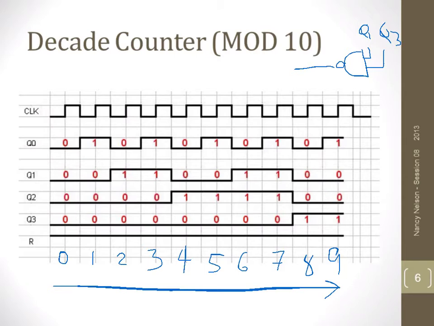So as we make this next transition, this one's going to drop, this one is going to rise, this one is going to hold, this one is going to hold as well, and we can see here we have Q3 high at the same time that Q1 is. So we've met our condition here.